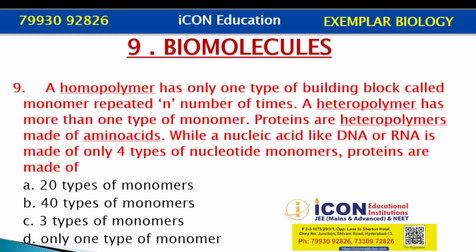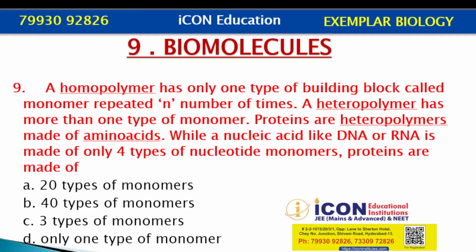Question number 9. A homopolymer has only one type of building block called a monomer, repeated n number of times. A heteropolymer has more than one type of monomer. Proteins are heteropolymers of amino acids, while a nucleic acid like DNA or RNA is made up of only 4 types of nucleotide monomers.